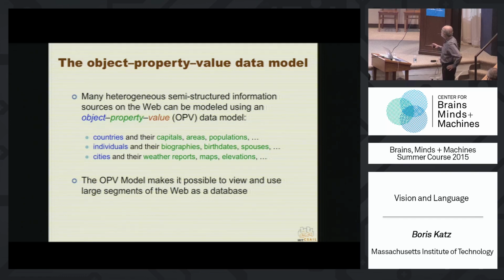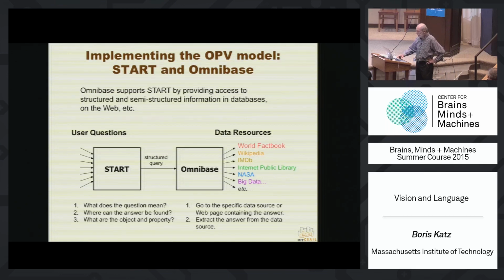If you have a site that has a bunch of countries with properties like populations, areas, capitals, birth rates, and so forth, the country is an object, the word population is a property, and the value is the actual value of that property. You can have people with their birth dates. You can have cities with their maps and elevations and so forth. So in a sense, this object property value model makes it possible to view and use large segments of the web as a database.